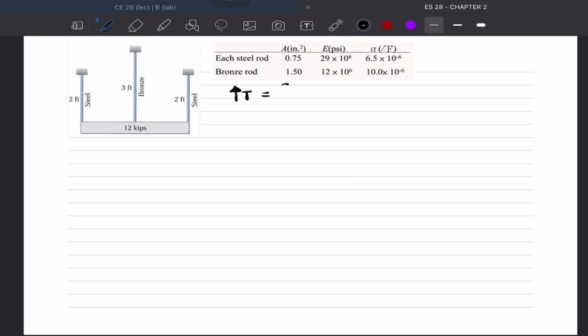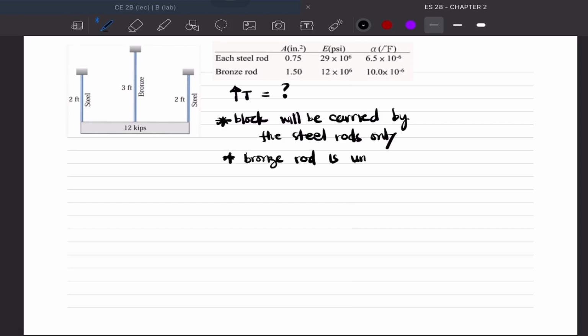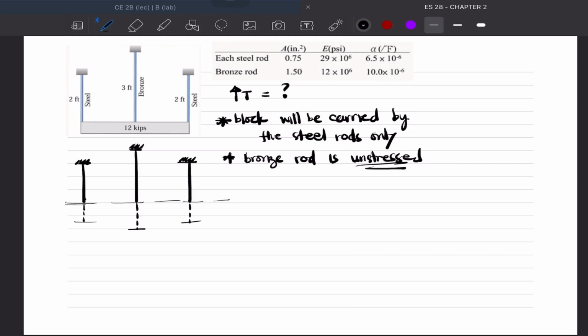So, in this case, pila siya so that the rigid block will be carried by the steel rods only, or the bronze rod is unstressed. So, naa tay bronze rod, steel rods. Mao na yung original level, gi-remove na ang constraint, so gi-allow na siya nga mag-deform. Same mao na yung level sa yung deformation.